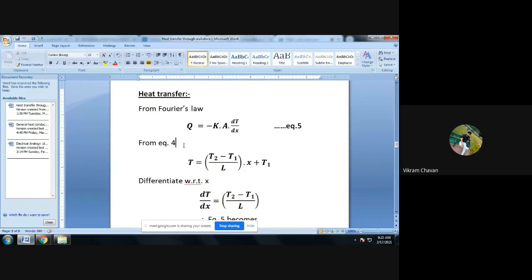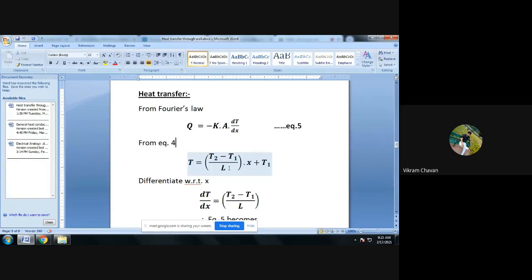Next, from equation 4, T is equal to (T2 minus T1) divided by L, bracket complete, multiplied by x plus T1.